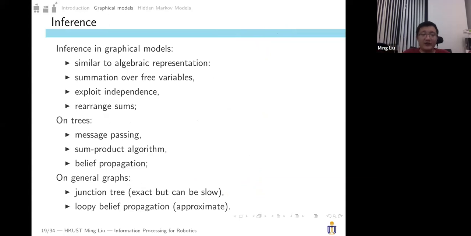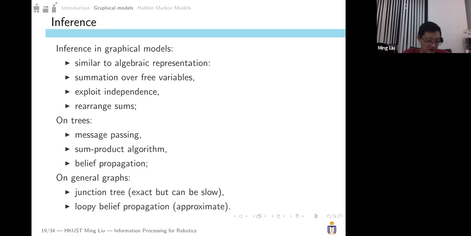And so far, we only talk about the modeling. I try not to introduce too much about inference because firstly, it's more important to know about the model. Secondly, other courses about graphical models can give you better examples of inference. Also, I will upload the slides you just saw, which also introduce some inference material. Inference in a graph model is similar to this algebraic representation. We want to consider a summation over all the free variables.